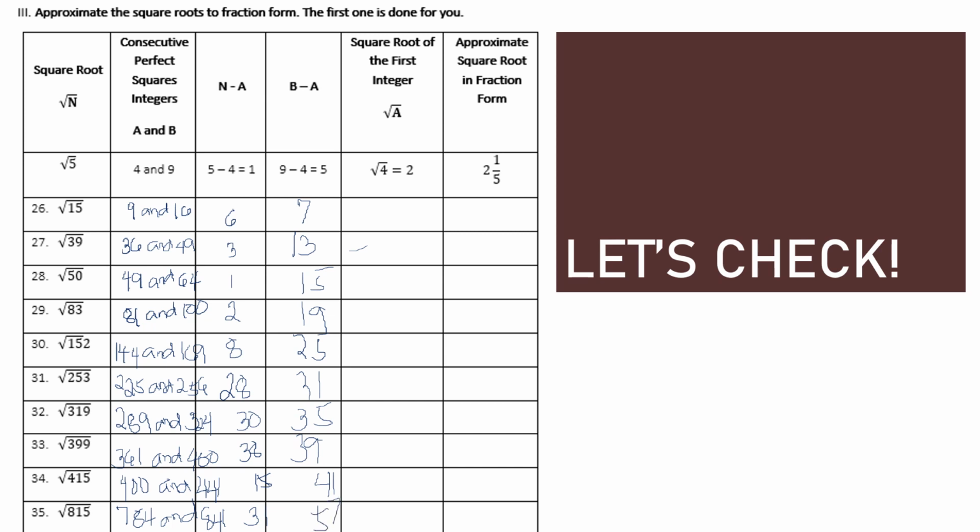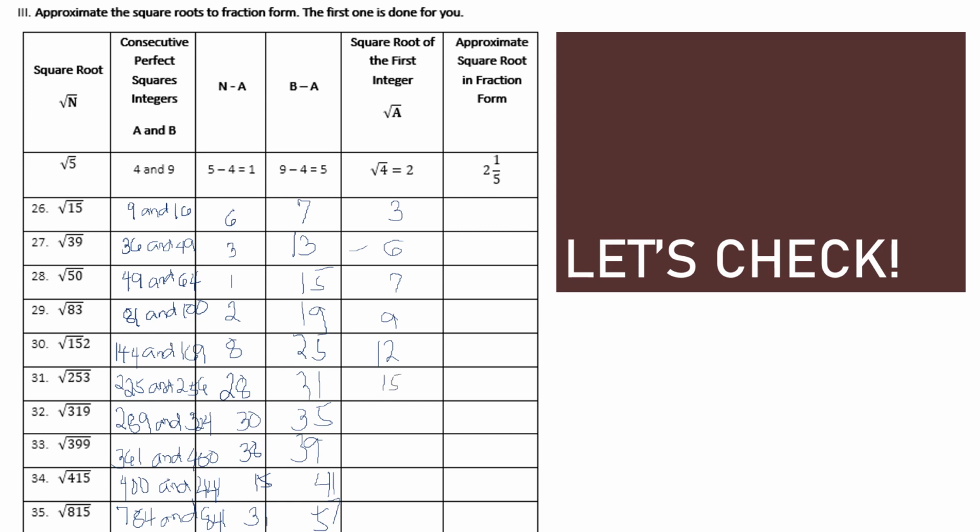And then the square root of the first integer. So first, the square root of 9 is 3. Square root of 36 is 6. Square root of 49, 7. Square root of 81, 9. Square root of 144, 12. Square root of 225, 15.